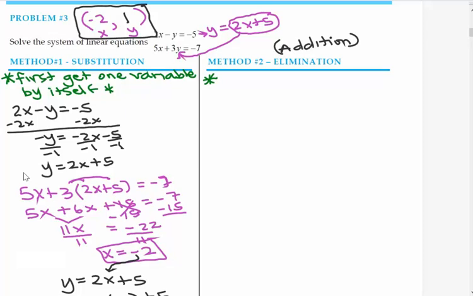Okay, so we want to make one of the variables eliminate in both equations.